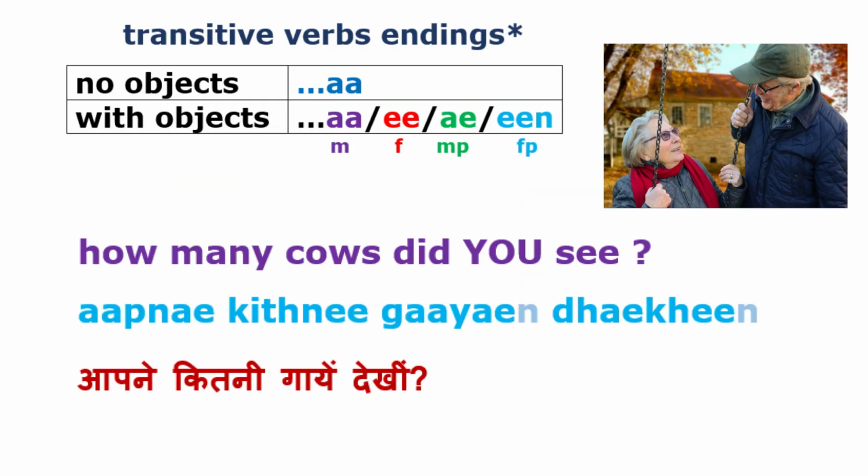Yes, how many cows did you see? आपने कितनी गायें देखी? Because we know that she has seen cows, a few cows, and we are asking how many did you see, which already suggests that it is plural. गायें देखी. आपने कितनी गायें देखी?